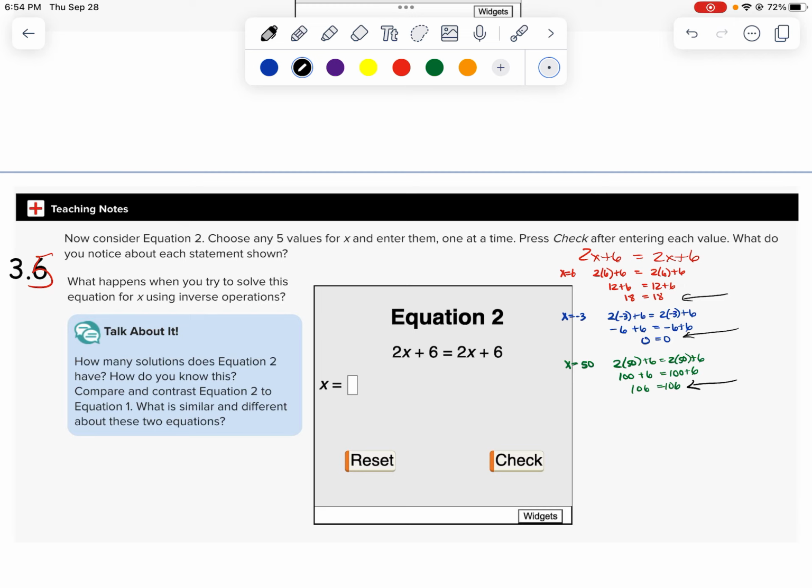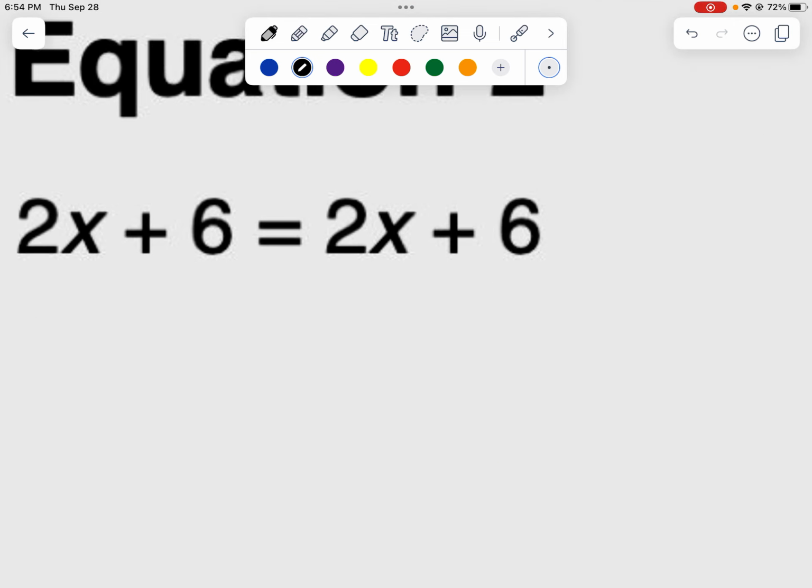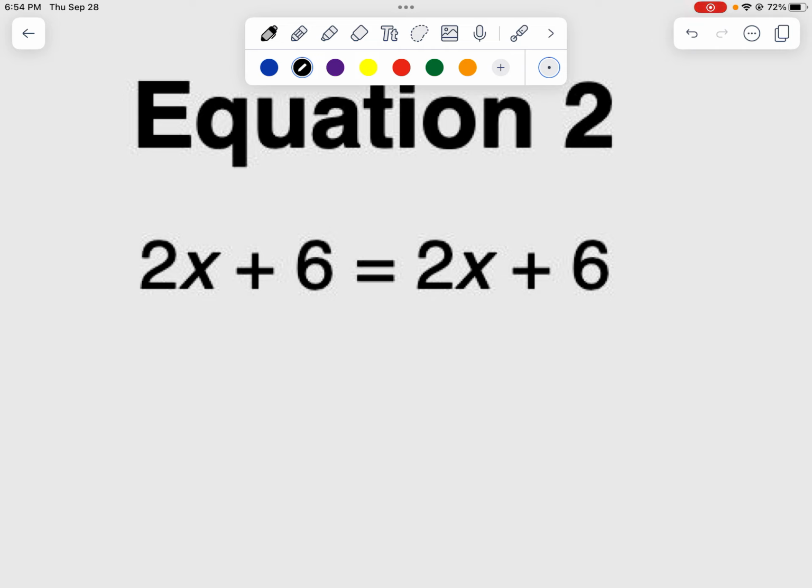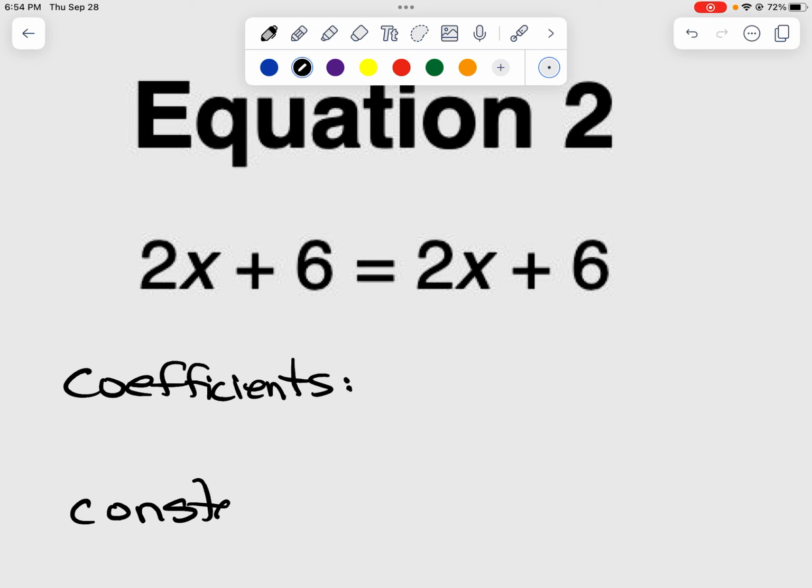Okay, now that we did that, let's look at this equation. What do you notice about the coefficients? What do you notice about the constants? If I'm looking at the coefficients, look at this, the coefficient here, the coefficient here, they are the same.